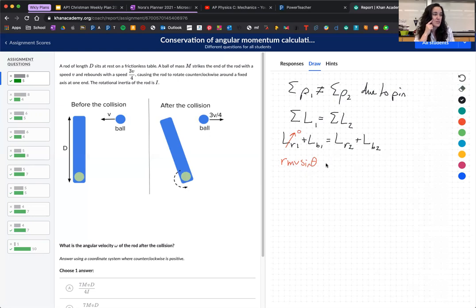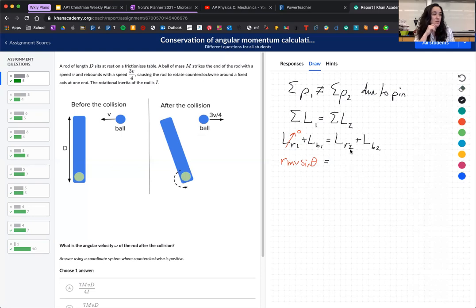Okay, moving on to side 2, after the collision, we do have angular momentum of the rod, and we also have the ball moving in a straight line again, so these both stick around. Now let's use the right-hand rule to determine which is positive and which is negative. The rod is rotating counterclockwise, so that's positive. The ball is moving the other direction, and so its angular momentum is negative.